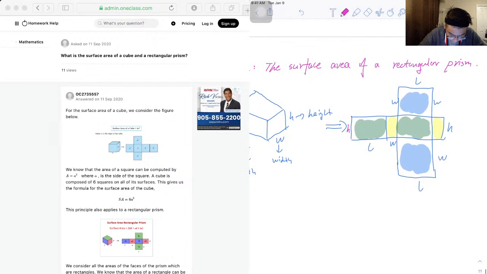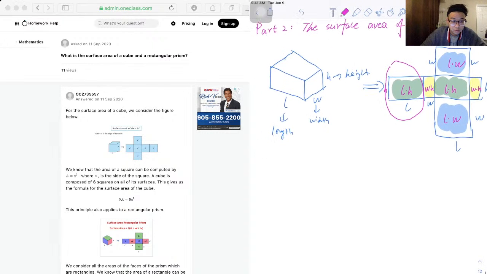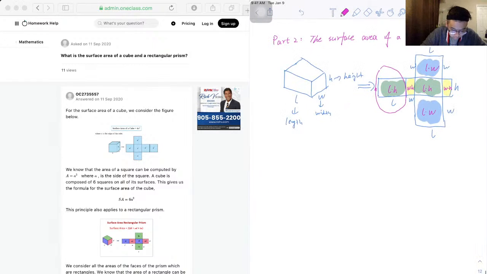Since we've got this particular rectangle with length L and height H, the area for this part is going to be L times H, and for the yellow part it's going to be W times H. Again, because the green parts are equal, this is still going to be L times H and W times H. And for the blue parts, it's going to be L times W and L times W. Right. So let's write our conclusion.